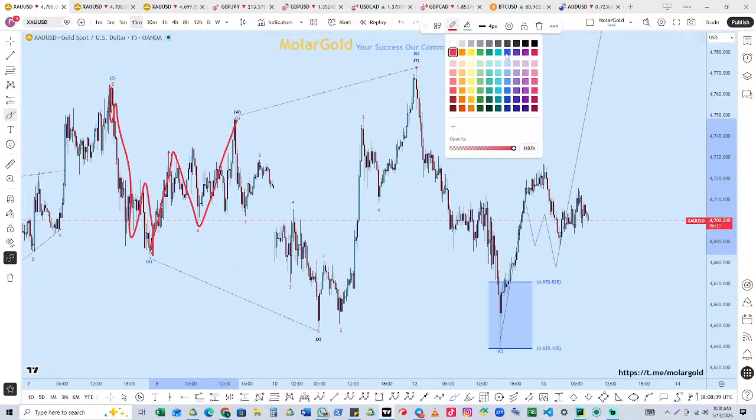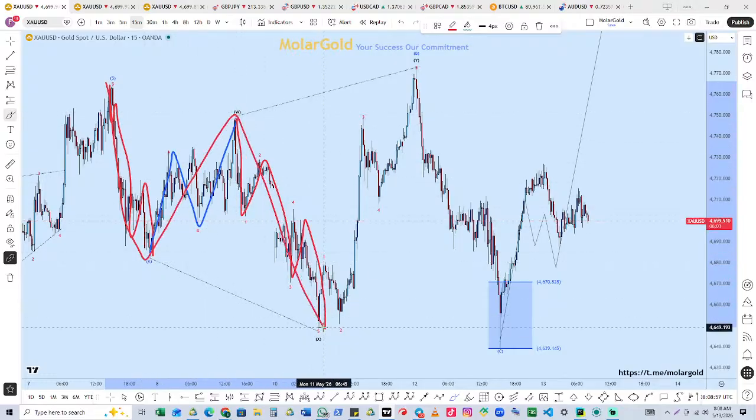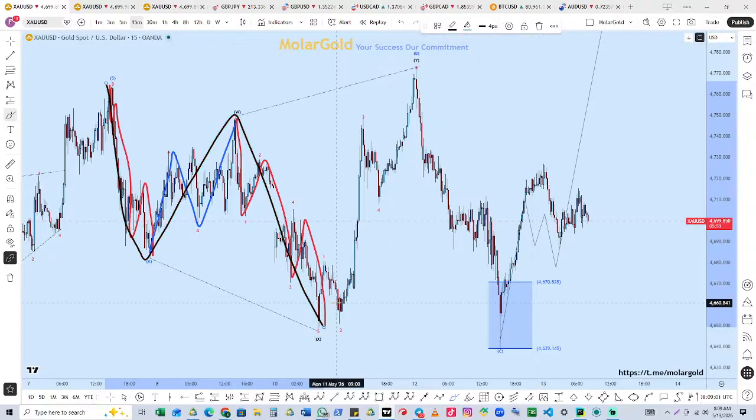Then this is 1, 2, 3, 4, and 5. In all, this gives us a structure with A, B, and then C. Let's do that in black. This is the first phase of the whole structure.